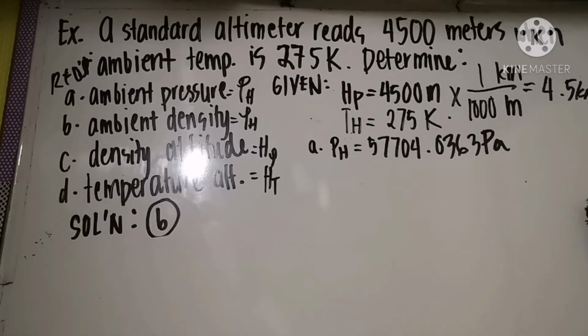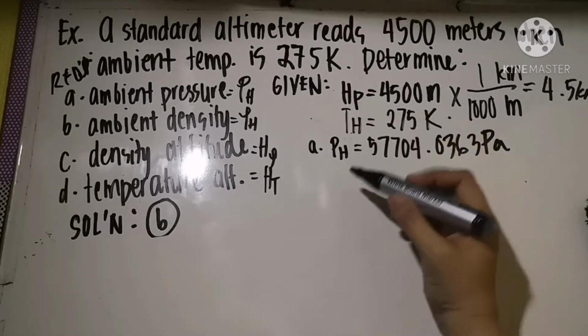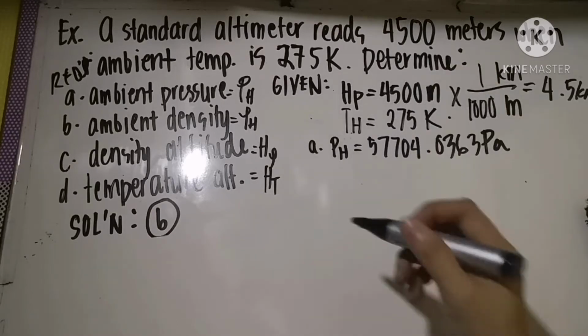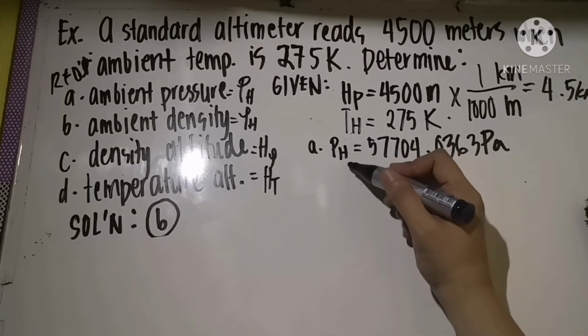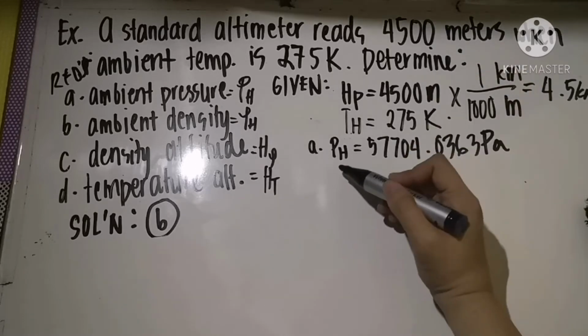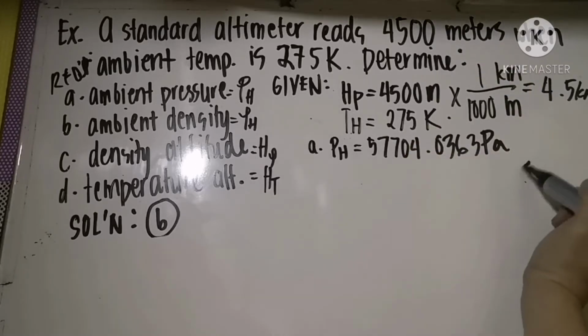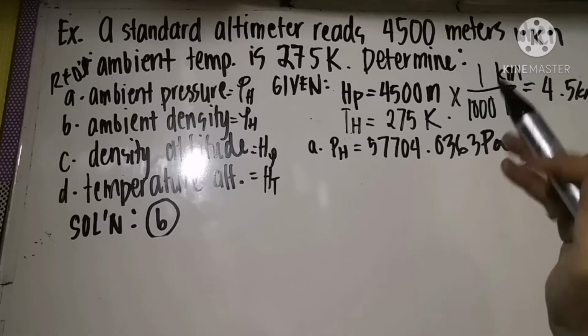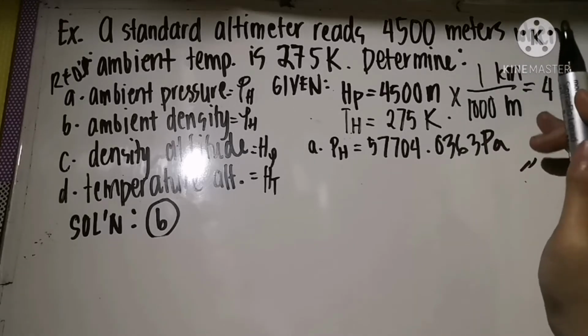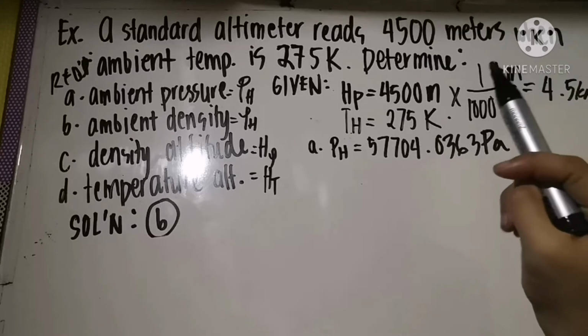So, what will be your formula? Ibig sabihin, sa 4,500 meters, ang nakuha mo nga na pressure at that height ay this one.